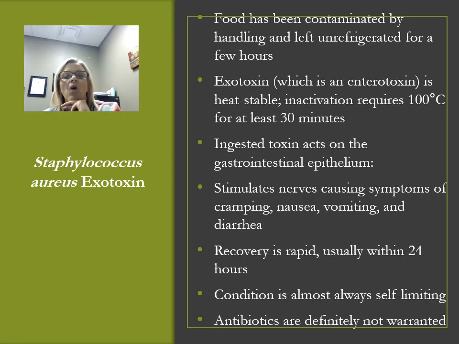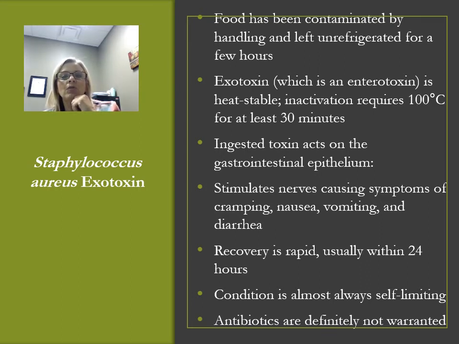So the Staph aureus exotoxin is going to often be picked up by eating foods like custard, sauces, creams, also processed meats as well. Food can be contaminated by handling or if it is left unrefrigerated for a very long time. If salt has been used to preserve, you can still have Staphylococcus aureus exotoxin because it is tolerant of salt.